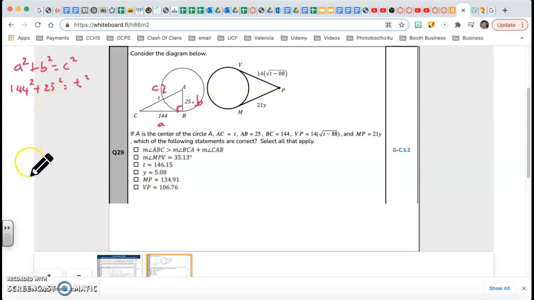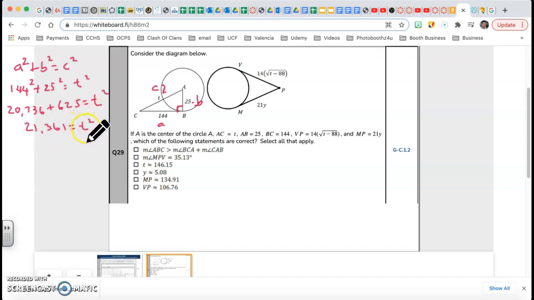Let's see. 144 squared is going to give me 20,736, and 25 squared is going to give me 625. That's equal to t squared. When I add those two, 20,736 plus 625 gives me 21,361, and that's equal to t squared.